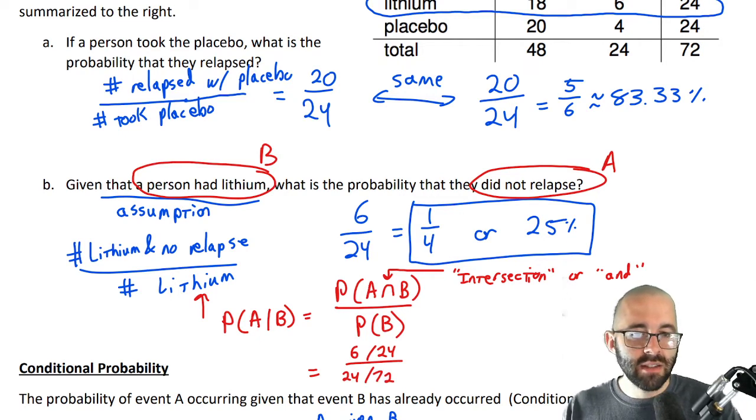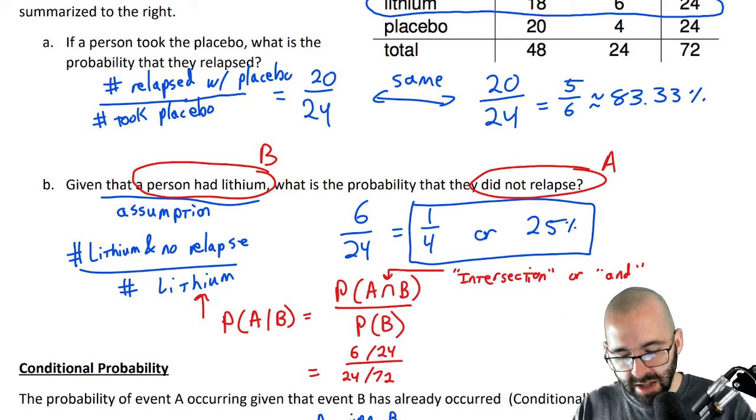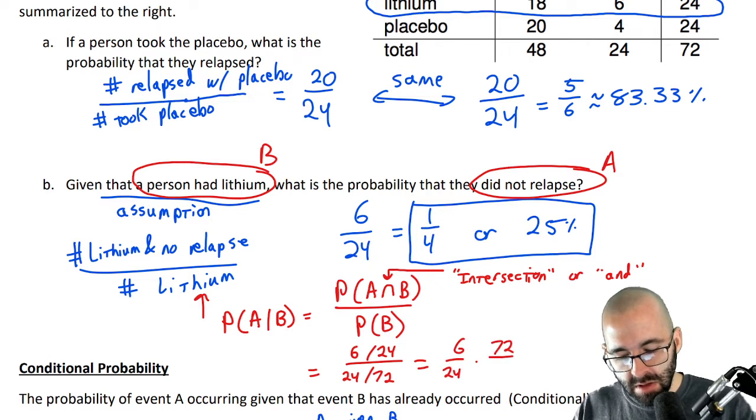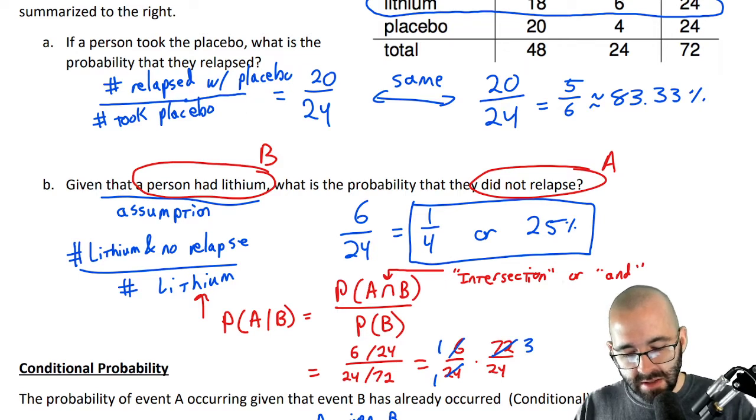And if you simplify this, things just cancel and we get almost exactly the same thing as before, right? We're dividing fractions. That's multiplying by the reciprocal. And then when we cancel right here, 72 goes into 72... 3 times. 6 goes into 24 4 times.